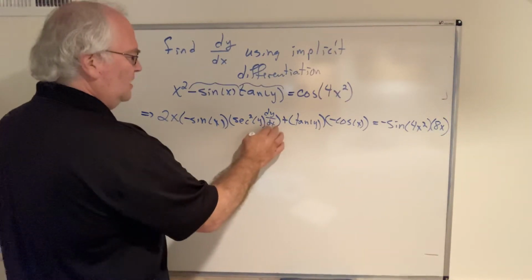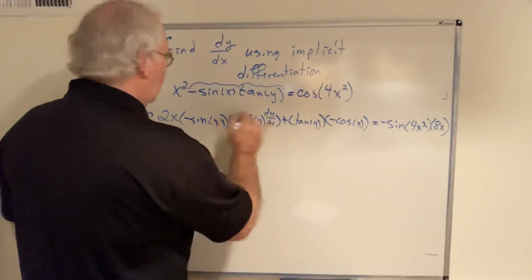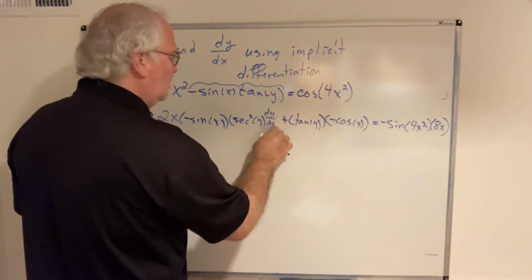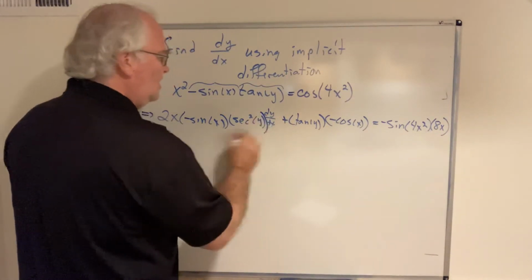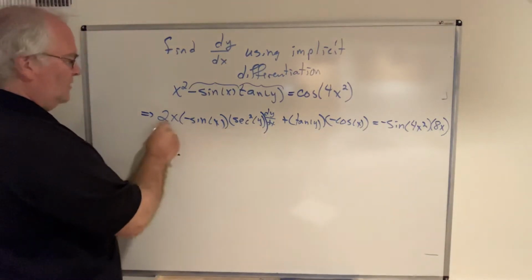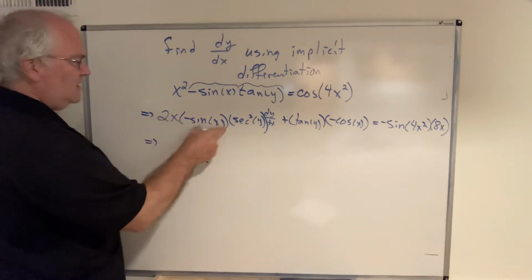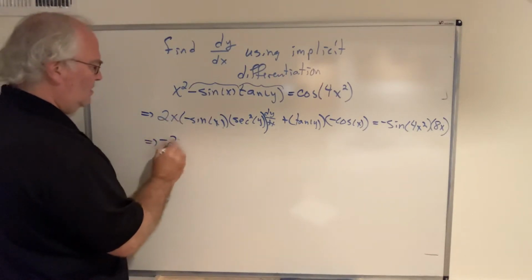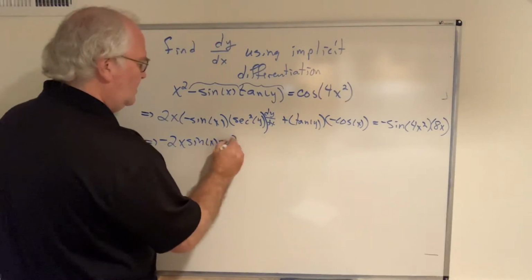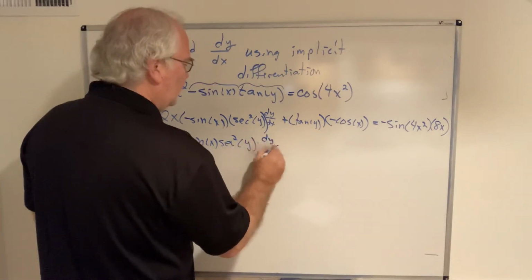This term includes dy dx. This parenthesis is in the wrong place. This parenthesis should be here. And so let's put all this together. This is negative 2x sine of x secant squared of y times dy dx.